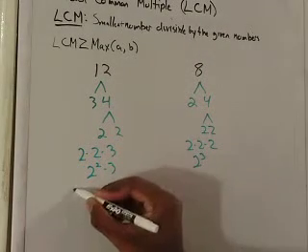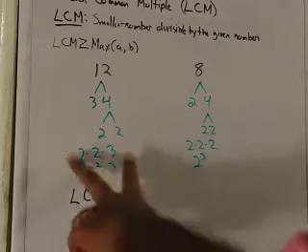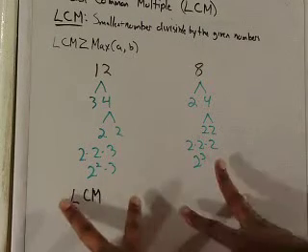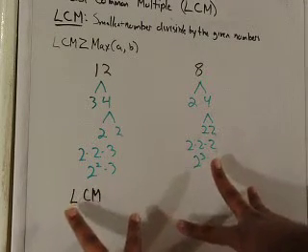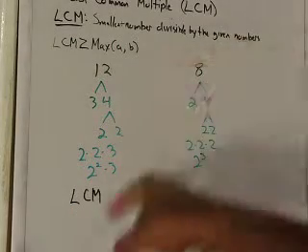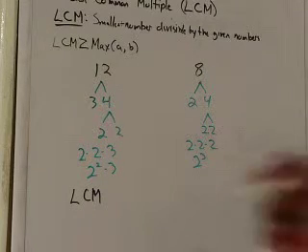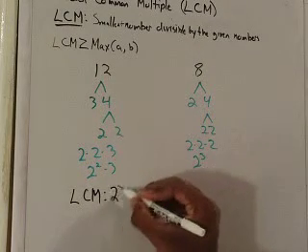So let's start off with the number 2. Over here I have 2 squared, or 2 2s. Over here I have 2 cubed, or 3 2s. So which is greater? 3. So I have to have 2 to the third in my LCM.